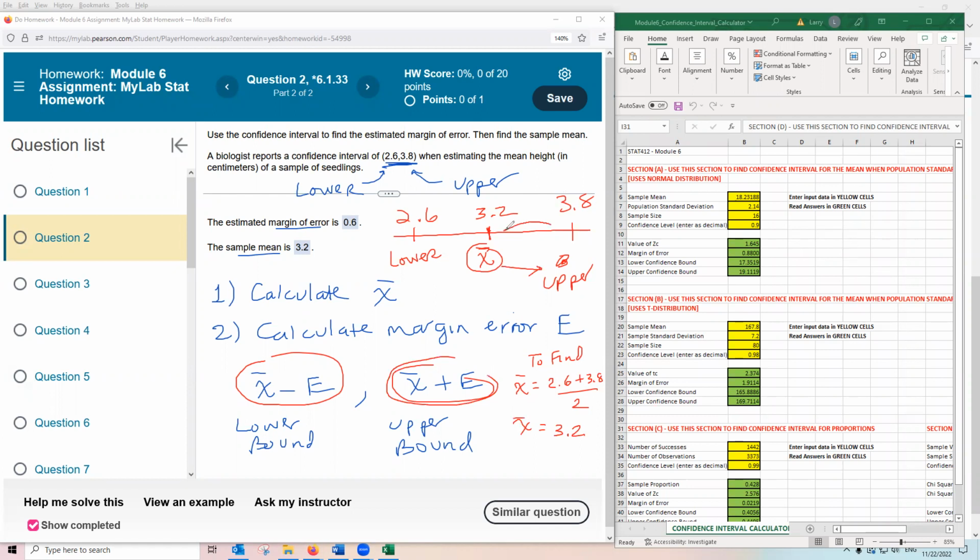So this distance is E, the margin of error. But the distance from 3.2 to 3.8 is 0.6. So that tells us the margin of error is 0.6. So visualizing this on a number line is a good way to picture a lower bound, upper bound, and X bar exactly centered in between.